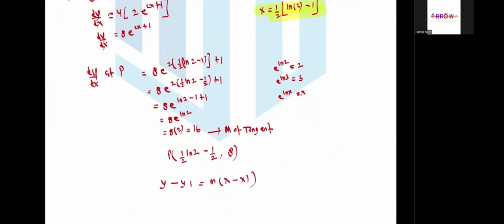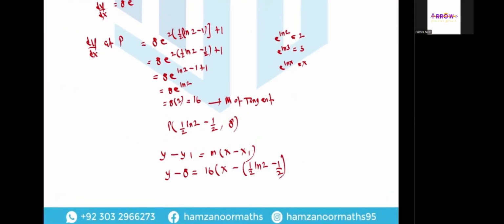I'm going to use this form of the equation of the straight line. So I can say that y minus 8 equals 16 multiplied by x minus half ln 2 minus half.